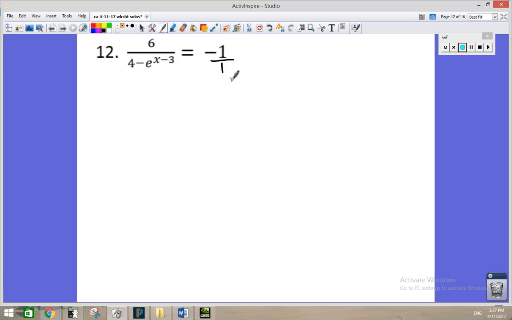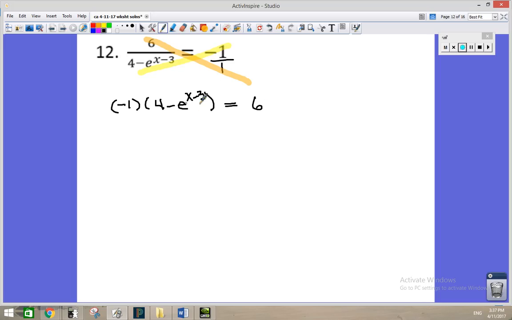And one of their favorite techniques in solving proportions, students like to cross multiply. So let's multiply along this yellow diagonal, and then let's multiply along this orange diagonal. So along this yellow diagonal, we have -1 times 4 minus e to the x minus 3, and 6 times 1.